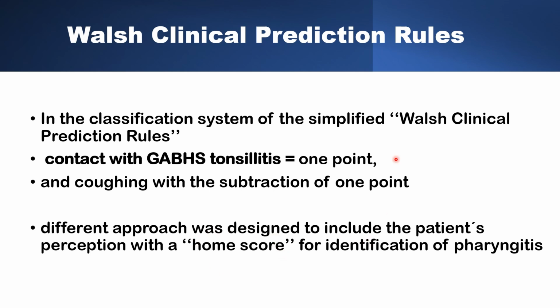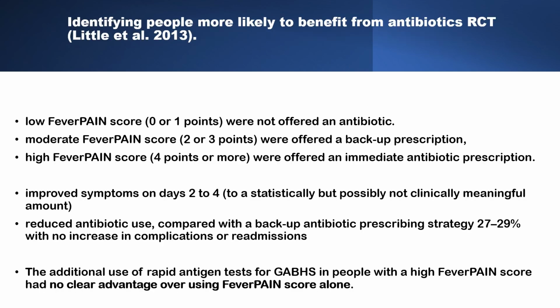There are other systems as well that incorporate the patient's own perception of his problem, like a home score for identifying the pharyngitis. A randomized controlled trial had looked into applying the suggestions of the FeverPAIN stratification of risk in prescribing antibiotics for patients with acute sore throat. So if you have a low probability with a FeverPAIN score of 0 or 1, patients will not be offered antibiotics.